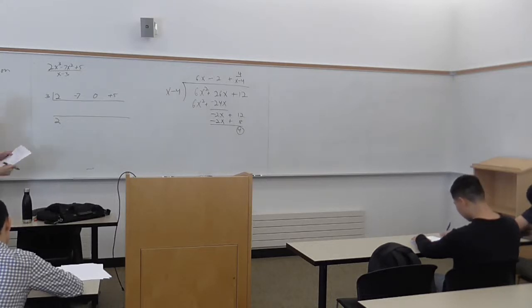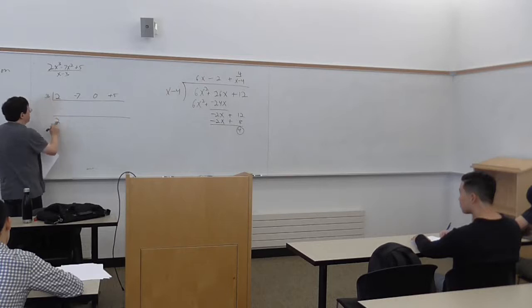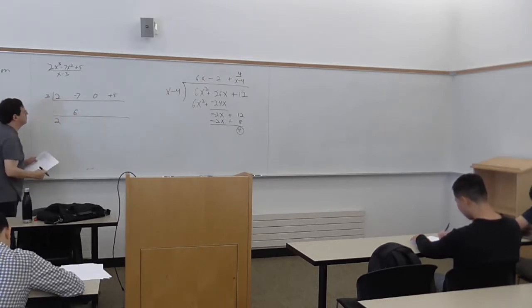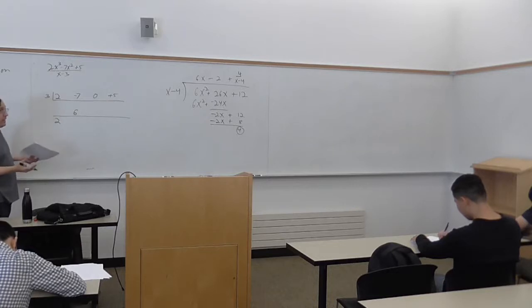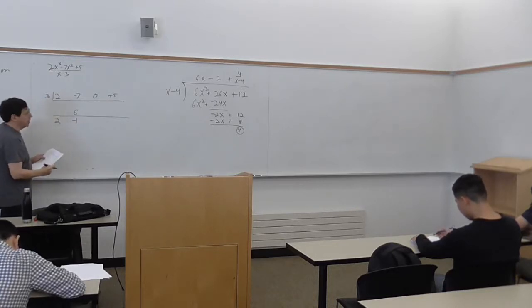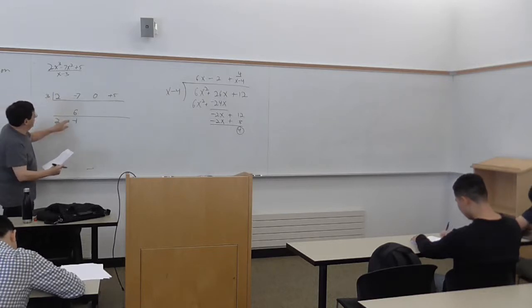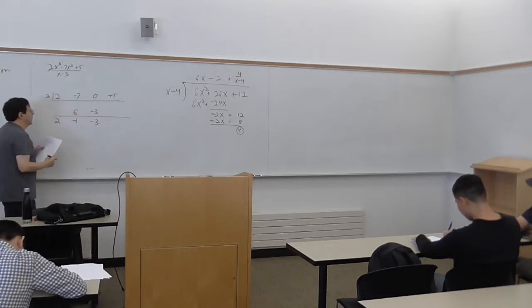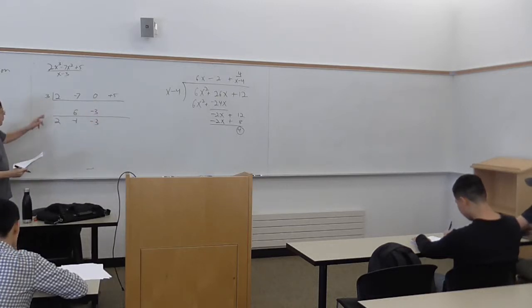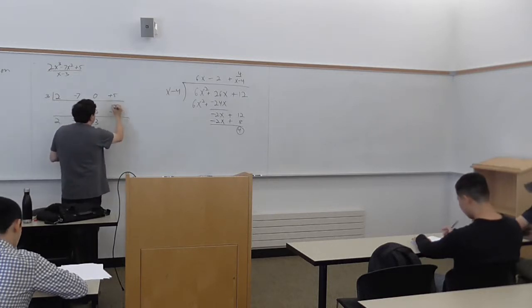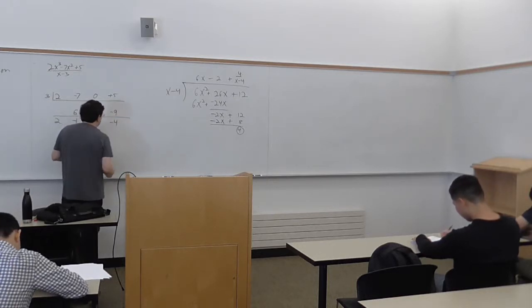Next step, I multiply 3 times 2 and I write it here. Then I add. I repeat. 3 times minus 1 is minus 3, I add. And then I have to do it one more time. 3 times minus 3 is minus 9. I get minus 4.